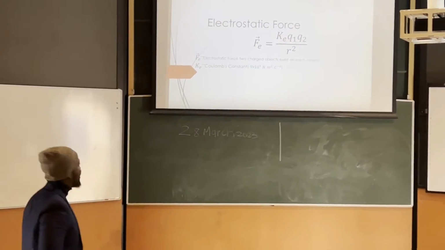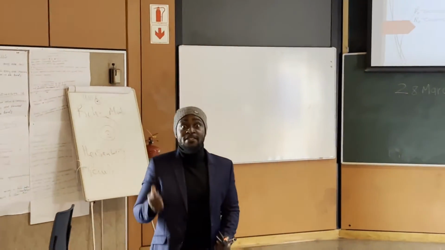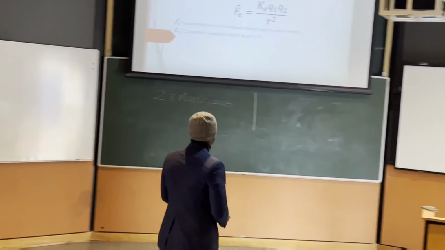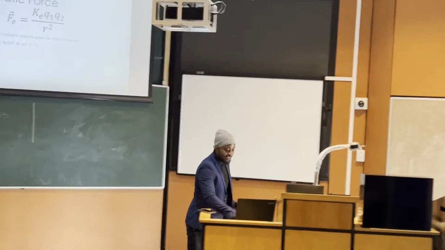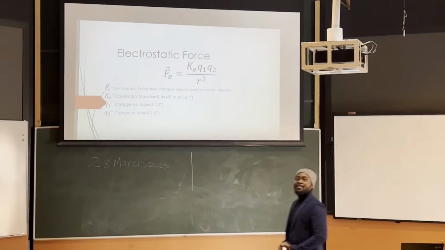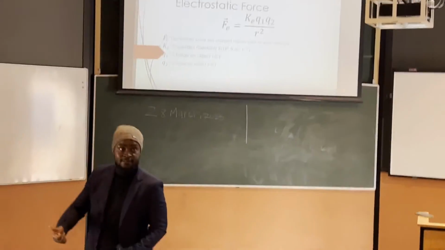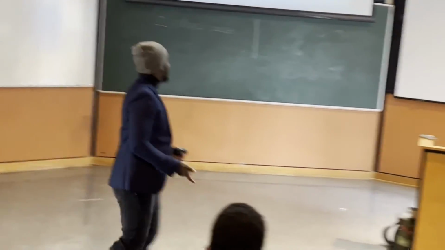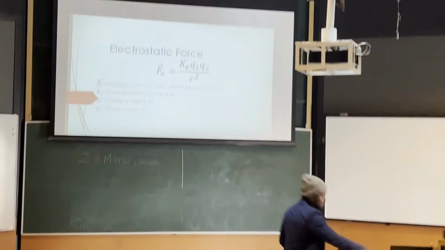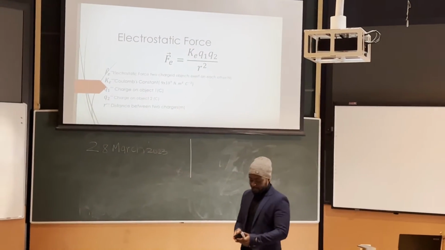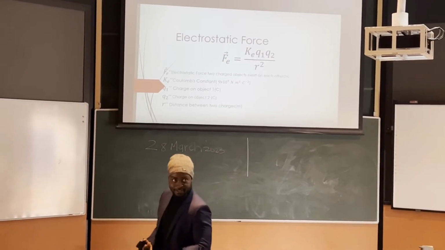This is a constant value. Whenever you use it, it's 9 times 10 to the 9. Then you have Q1 and Q2, the charges that the objects have, whether positive or negative. And then you have r, the distance between the two charges, right?